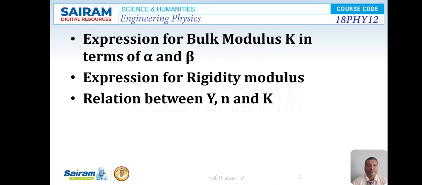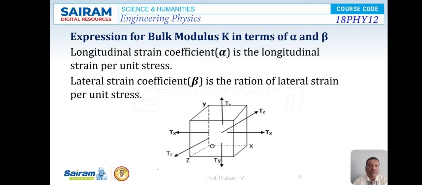First, let us take up expression for bulk modulus K in terms of alpha and beta. So here you can look at a picture. Consider a cube of unit length, breadth and height. Let Tx, Ty and Tz be the outward stresses acting along the x, y and z directions.